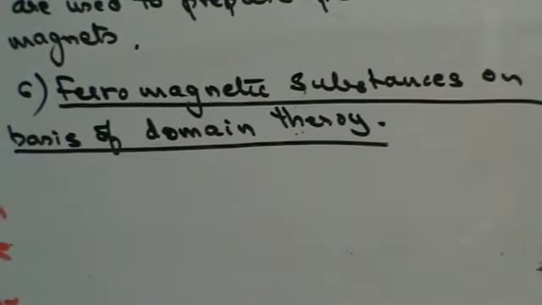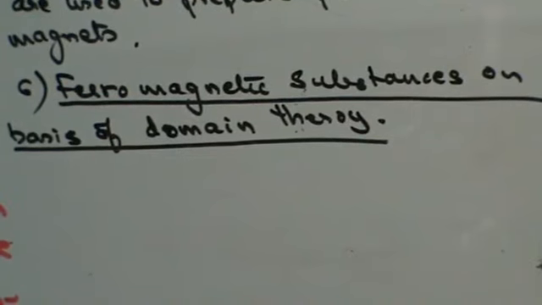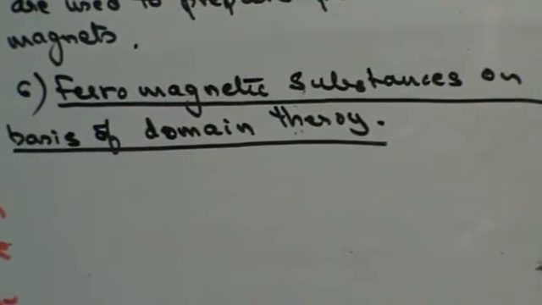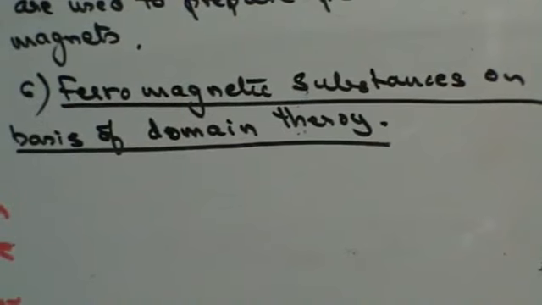Now, ferromagnetic substances possess the properties of paramagnetic substances. Their behavior, as I told you, is similar to that of paramagnetic substances, except that even in a weak external magnetic field, all the tiny atomic magnetic dipoles get aligned in the same direction, right? So let's see the domain theory.